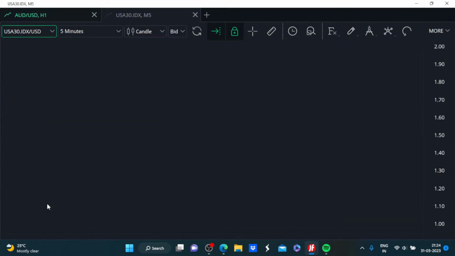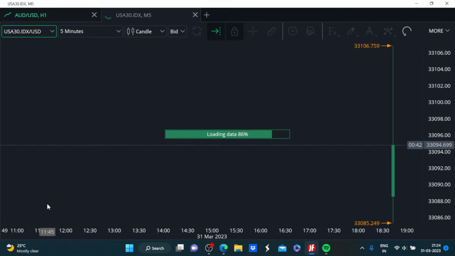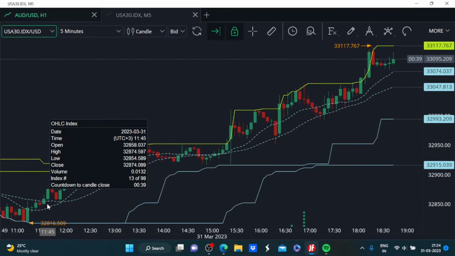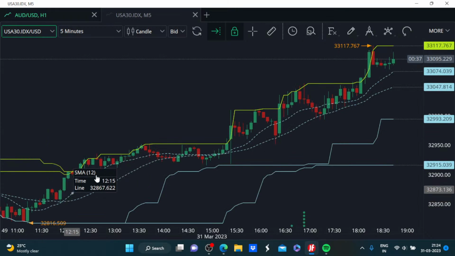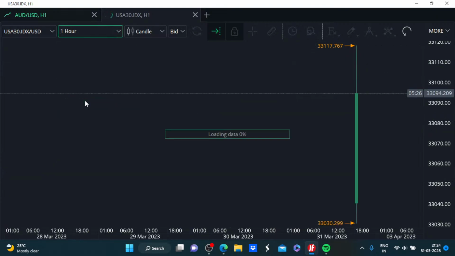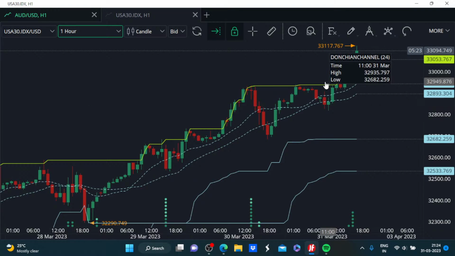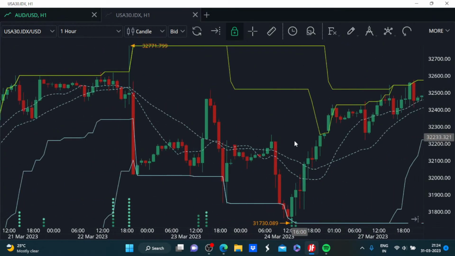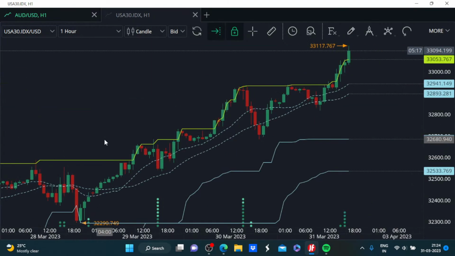In equities, we had seen a substantial climb in yesterday's trading session, and that sentiment is prevalent in today's session as well, where we have seen the Dow successfully climb past the 33,000 mark, which was psychologically important. Now that we have this breach above the prior swing high, I think for the next couple of sessions we are likely to have this momentum in a bullish manner.